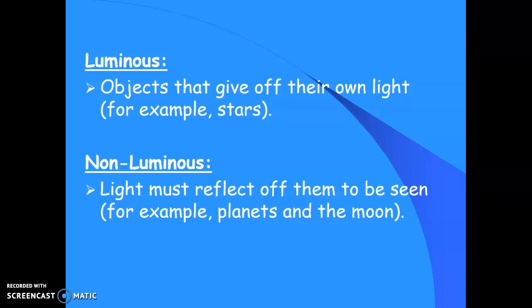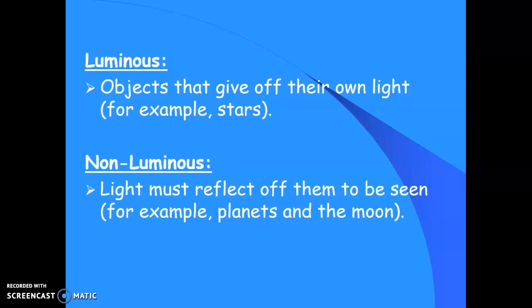So anything that you see that is not a star is a non-luminous object. Meaning we see those items because light is reflecting from the sun onto the surface of other objects. So for example, our moon or other moons or other planets, asteroids, comets.